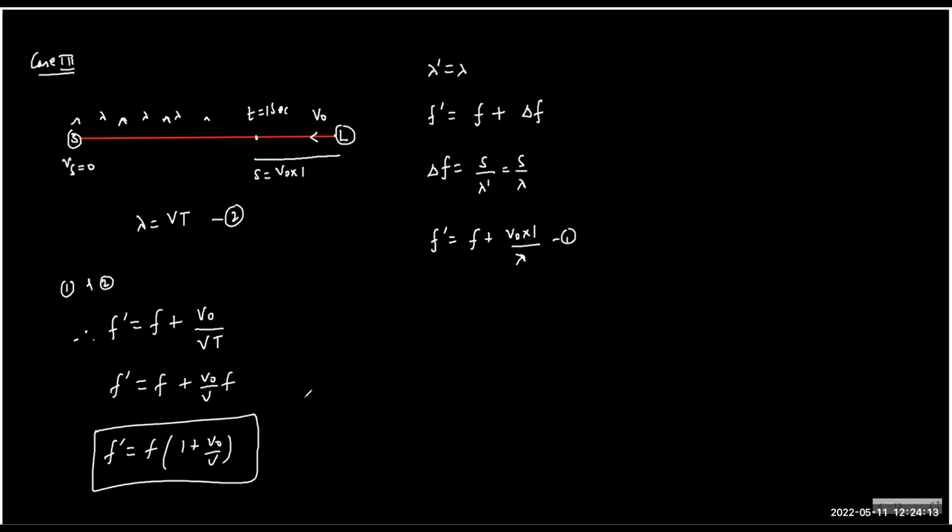So f dash equals, you can see the answer is f into V plus v naught upon V. That's a long derivation.